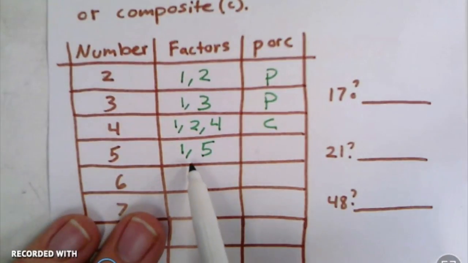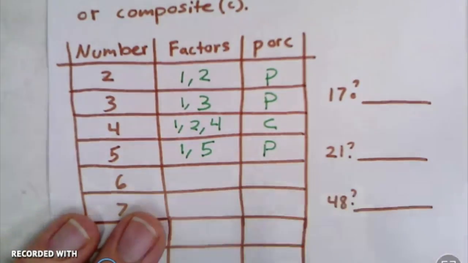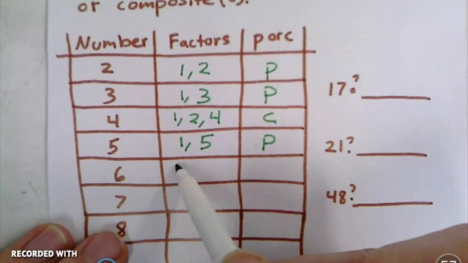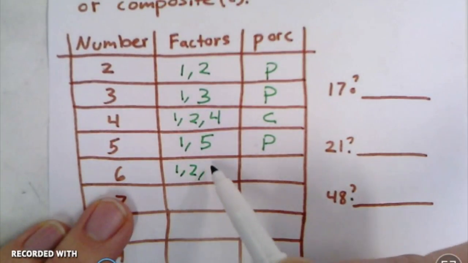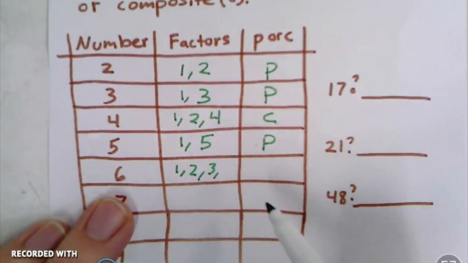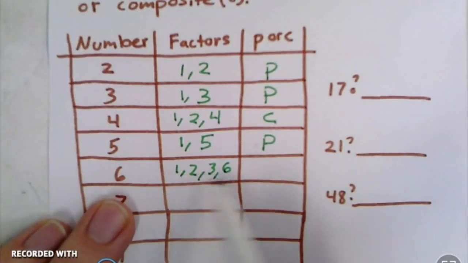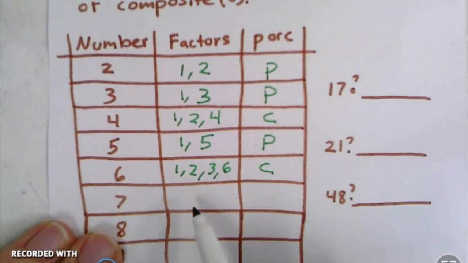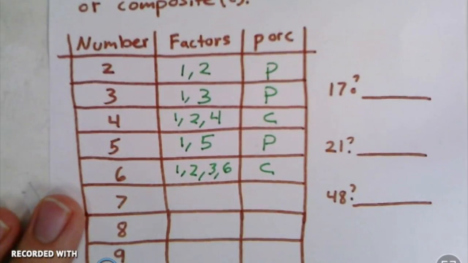The only factors it has are itself and 1, so this one is also prime. What about 6? Are you starting to get the hang of it? You can divide it by 1, by 2, by 3, you can't divide it by 4, you can't divide it by 5, you can divide it by 6. It has more than two factors, so it is composite. Okay, why don't you do the other 3 on your own?